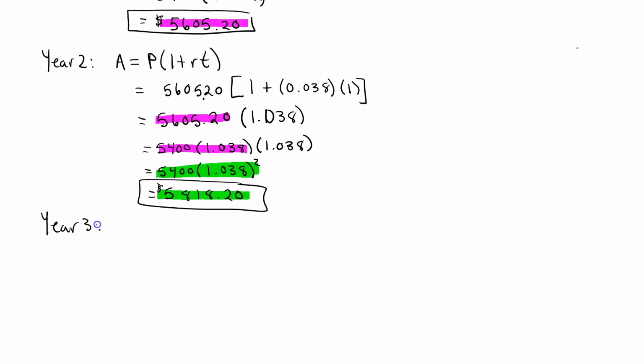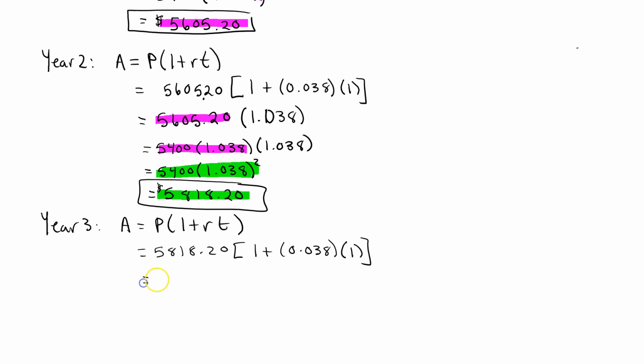Year 3. Still using the same formula, A equals P times 1 plus RT. The new principal in town is 5,818.20 times 1 plus 0.038, nothing's changing about that interest rate, times 1 year. So what we have here is 5,818.20 times 1.038.